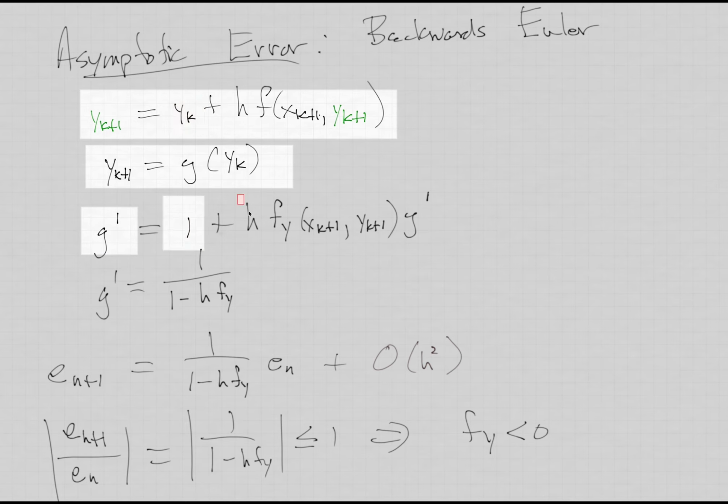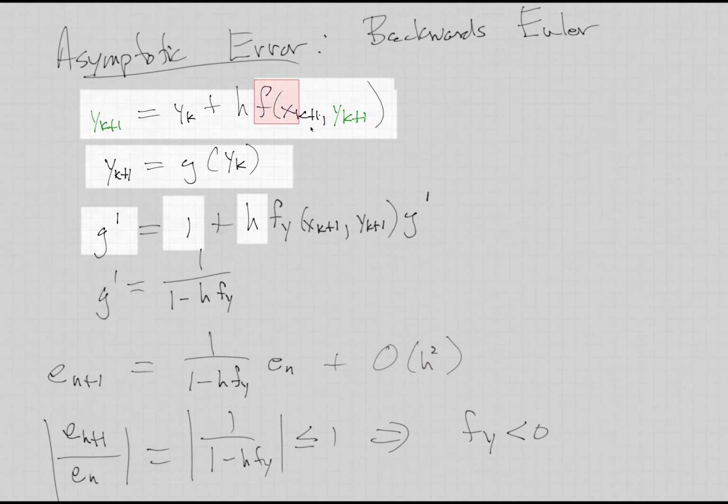h is a constant, that just goes along for the ride. Now, when we want to differentiate this expression with respect to y sub k, we note that only the second argument depends on y sub k. The first argument, x sub k plus 1, is always going to be the same regardless of what the y values are.